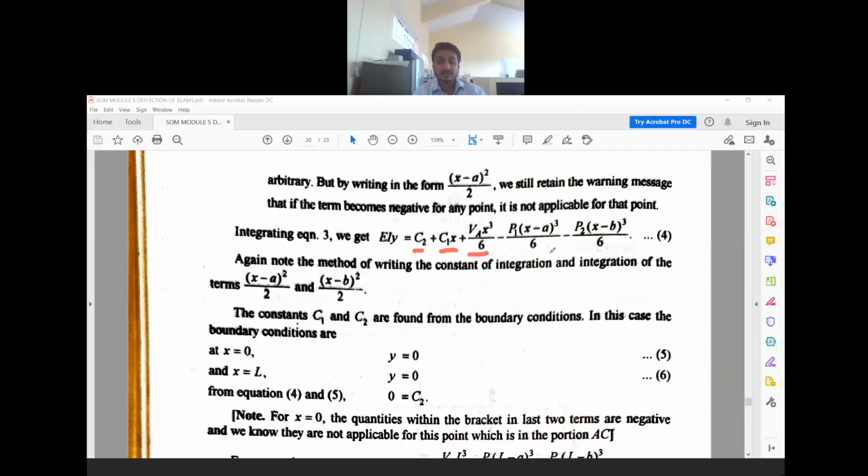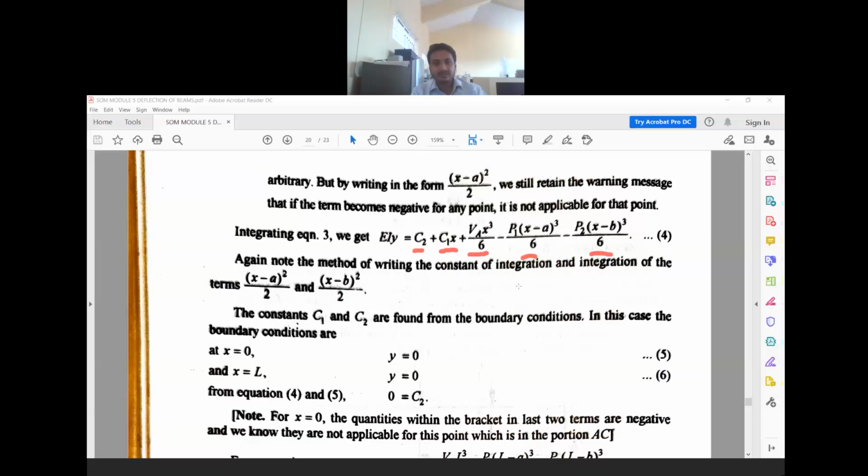Next P1 into x minus a is retained again, so x minus a whole square by 2 was there, so now x minus a whole cube divided by 3, so 3 is multiplied by 2, it becomes 6, so x minus a whole cube by 6 and P2 into x minus b whole cube by 6. So this x minus a and x minus b remains constant. Even here, if the value of x minus a and x minus b becomes negative, then you will discard that portion. Again, note the method of writing the constant of integration.